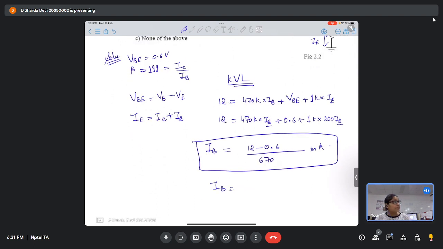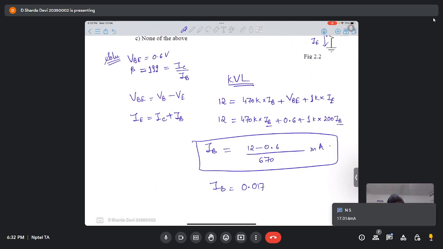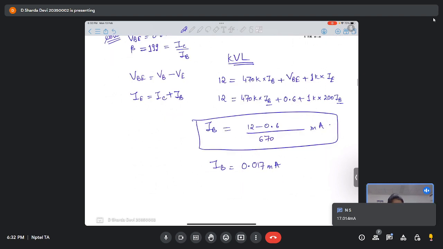What is the final answer for IB? 0.017 milliamperes, that is 17 microamperes. So IB will be 17 microamperes.